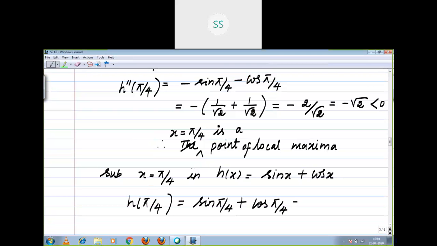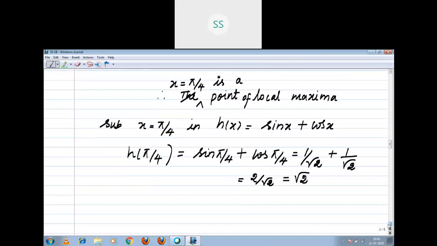You know the value, right? 1 by root 2 plus 1 by root 2, which is equal to 2 by root 2, which is equal to root 2. What is the local maximum value for this function?